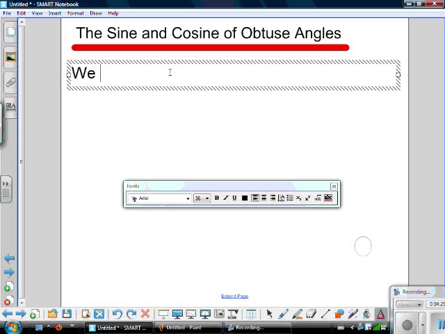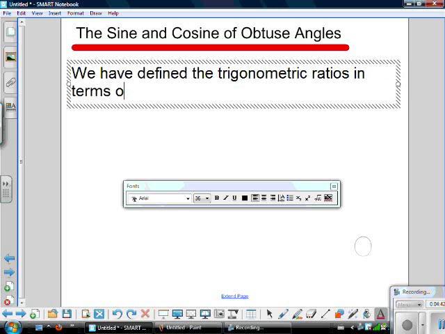So first of all, we have defined the trigonometric ratios in terms of the sides of a right triangle.